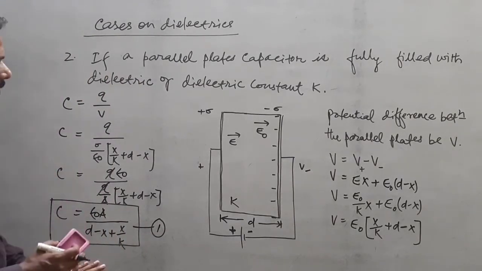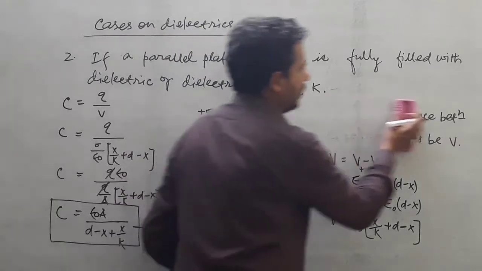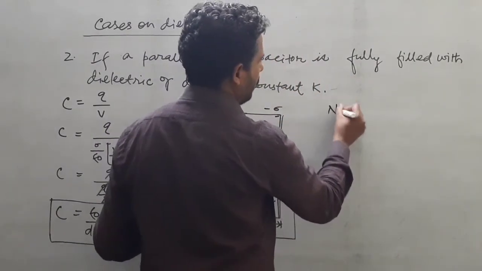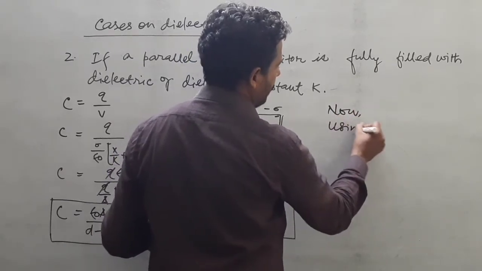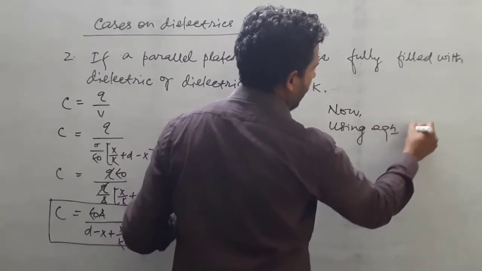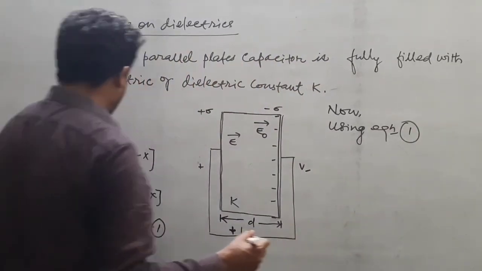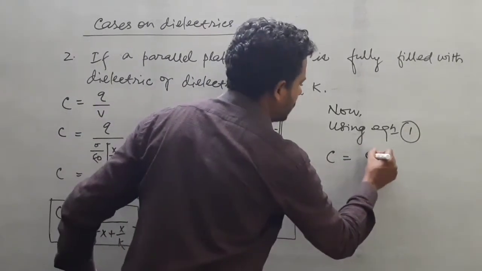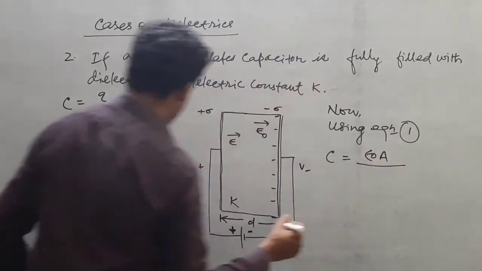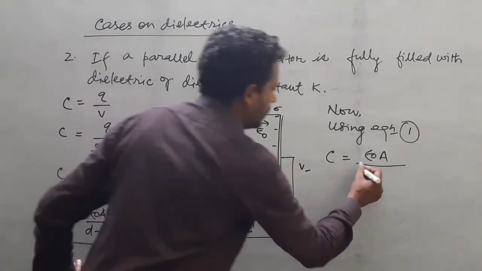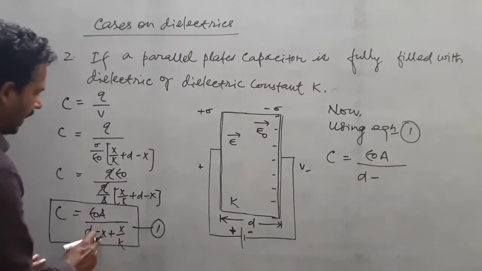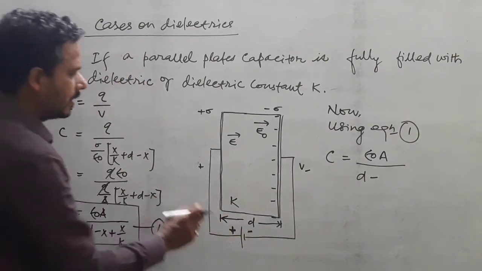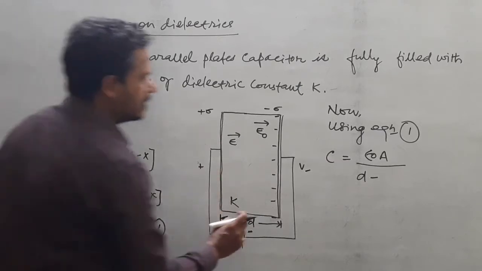Just use equation 1, and your equation 1 is C is equal to epsilon naught A divided by D minus X. So this X is replaced by D. Why? Because the thickness of the dielectric is D, so X is replaced by D.